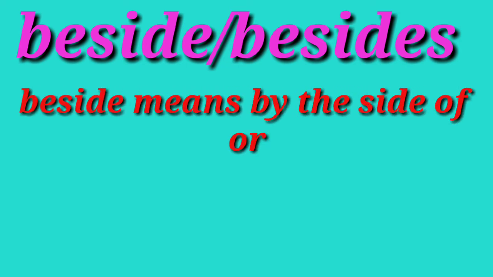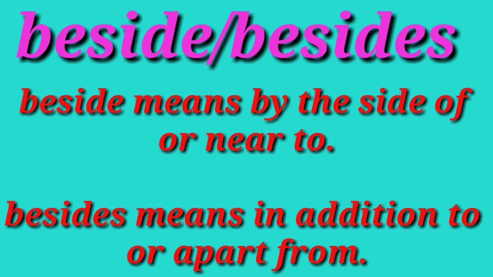Let us see the correct use of another two prepositions, beside and besides. Beside means by the side of, or near to. Besides means in addition to or apart from. For example, come and sit beside me. The other one, besides singing, I also like to dance.